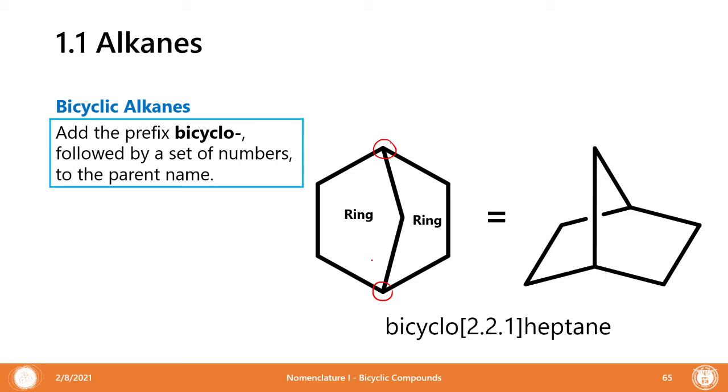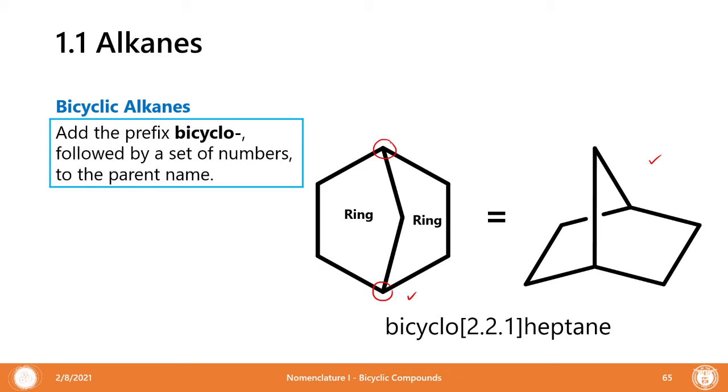There are 2 ways to draw bicyclic alkanes. One being a flat form, looking from the top, like this one, or you may draw it in a 3D perspective, like this one. Either case is acceptable. In some cases where you have stereochemistry, you may have to choose one of them to best express the structure you want.